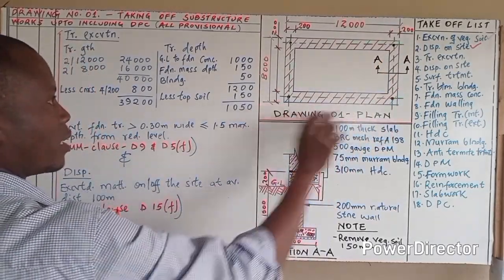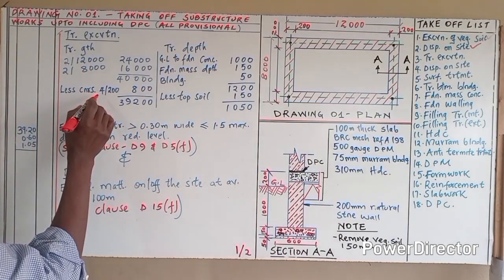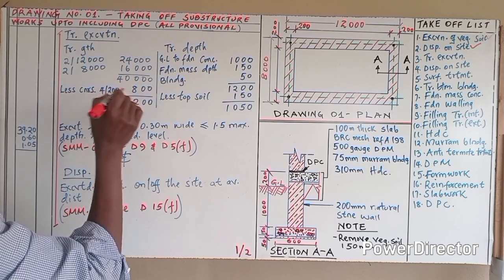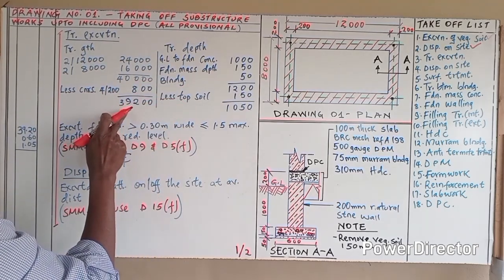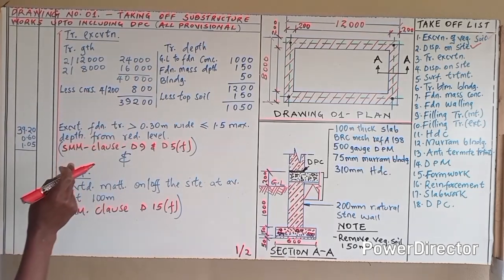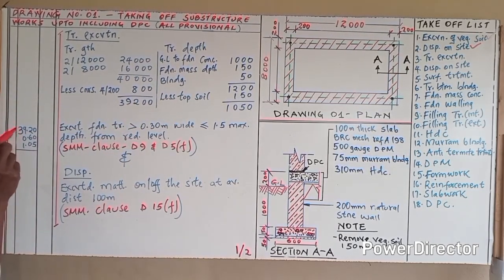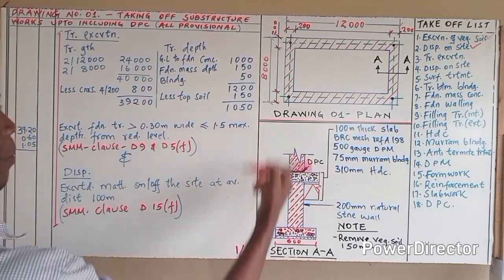And finally, for this one, less this one and less this one. So the formula is 4 times the 200 I'm talking about, which gives us 800. So if you deduct this, you get 39,200 millimeters. So this one into meters is 39.20.